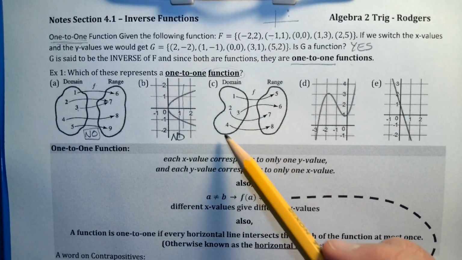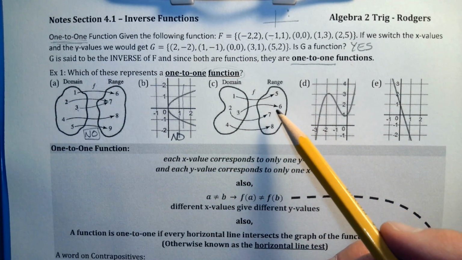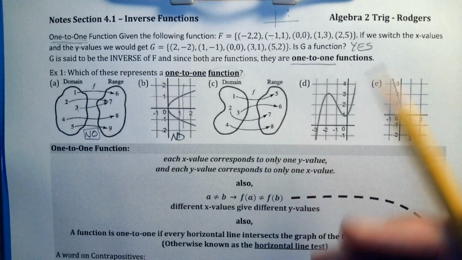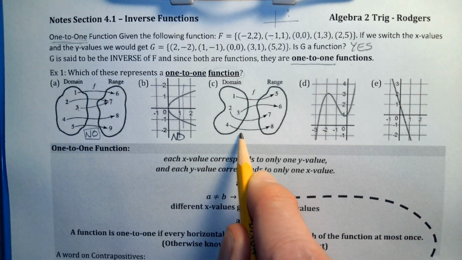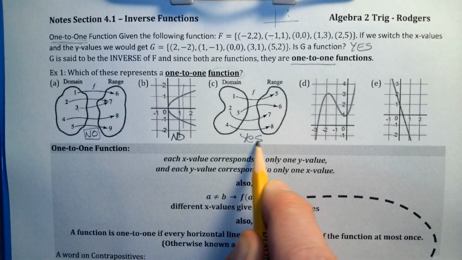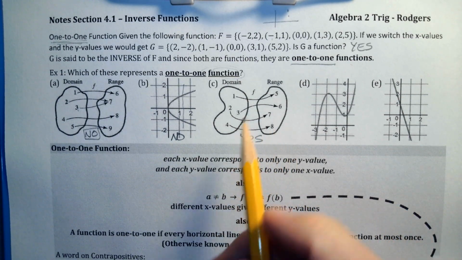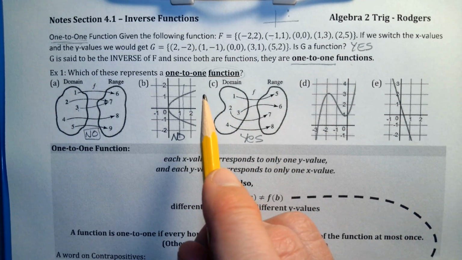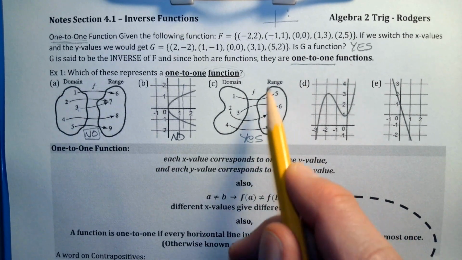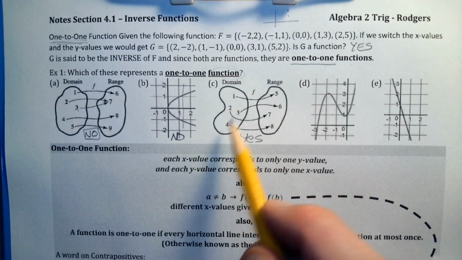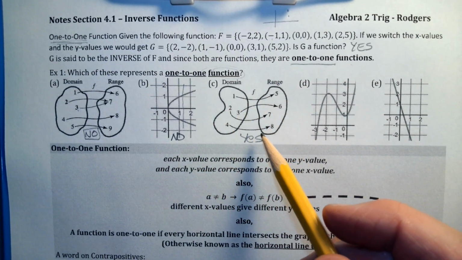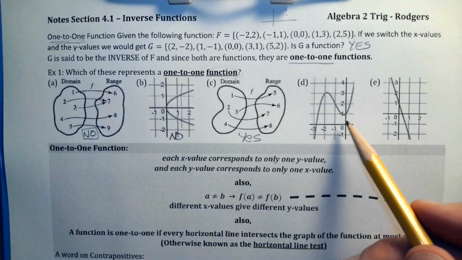So each value of the domain is mapped to one and only one value in the range. So yes, this one is one-to-one. If you reverse those arrows going the other way, make these the domain, those would be the range, and we're okay. No violations there. All right, this one, D.